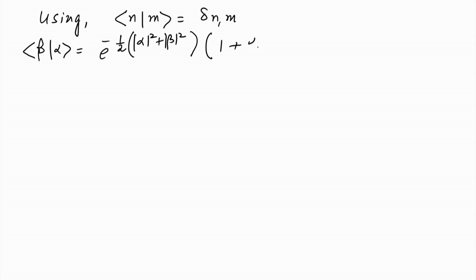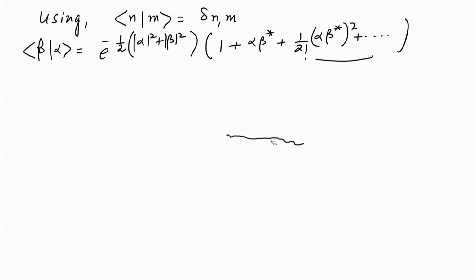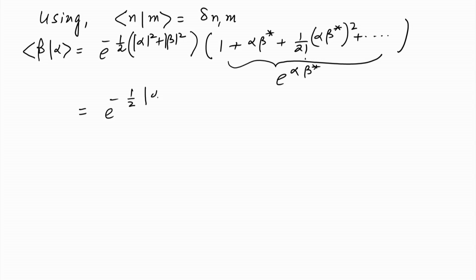1 plus alpha beta star plus 1 by 2 factorial alpha beta star, and so on. So, this is nothing but exponential, that is the expansion of the exponential alpha beta star. So, this is equal to exponential minus half alpha mod square plus beta mod square plus alpha beta star.